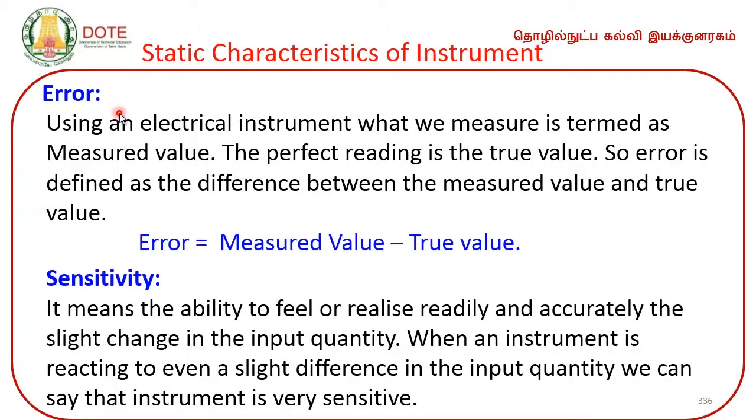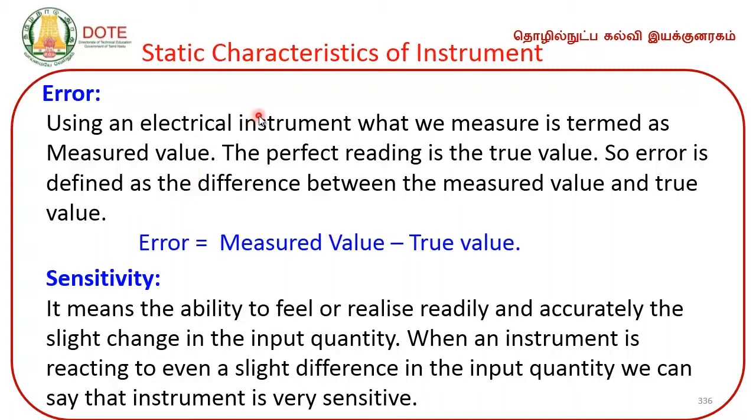Then error is another important characteristic of the static characteristics of the instrument. Almost any instrument will have some error. So, we cannot say the error is 0. Using an electrical instrument, what we measure is termed the measured value, okay.